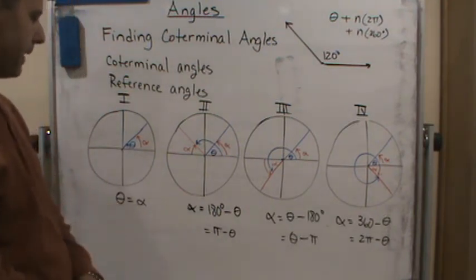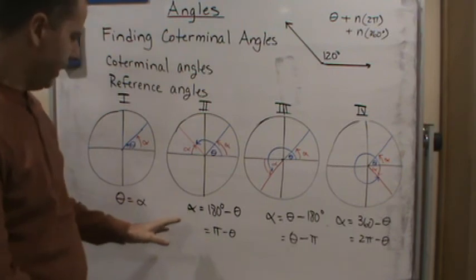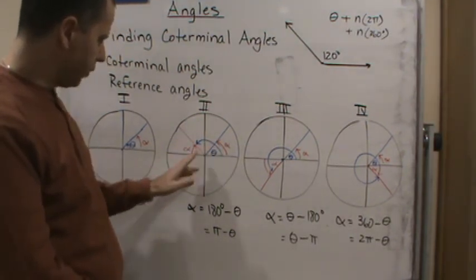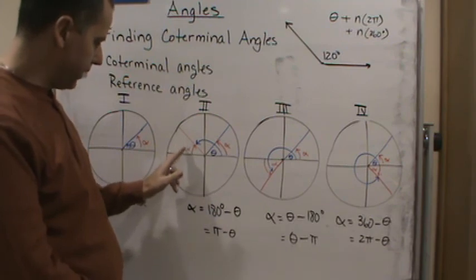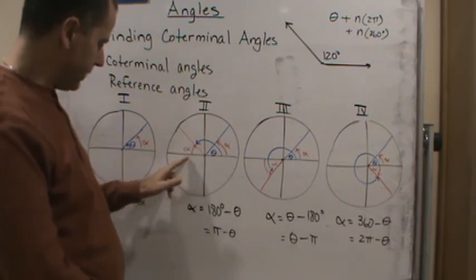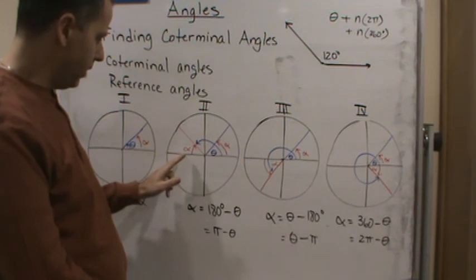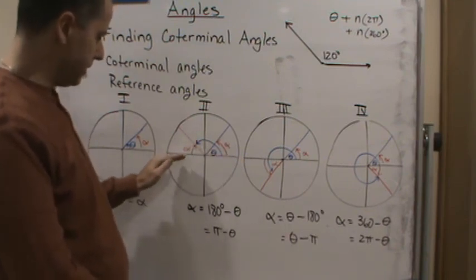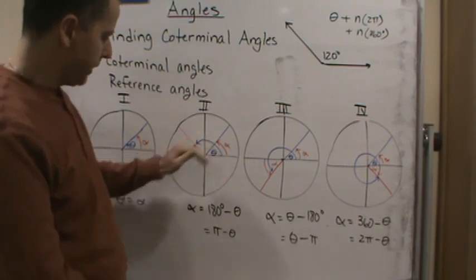And again, it should make sense the more you use this. If I'm in the second quadrant and I want to find this reference angle, well, we know this is 180 degrees. So if I know theta, I'm just going to take 180 degrees and subtract theta from it.